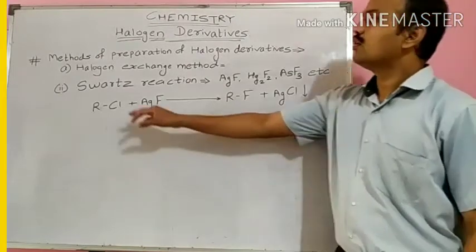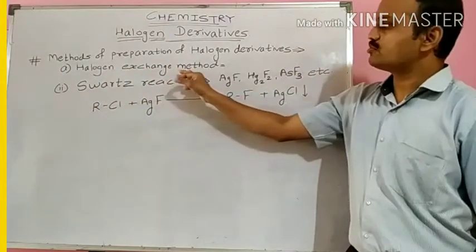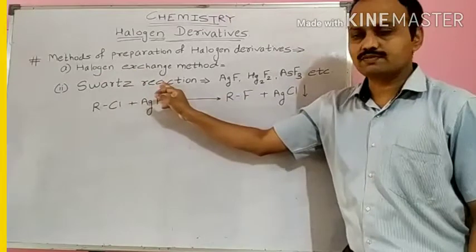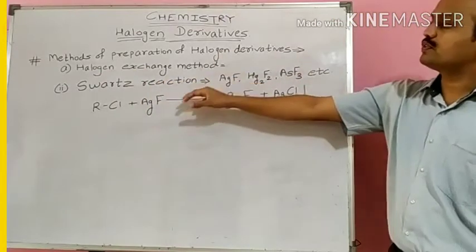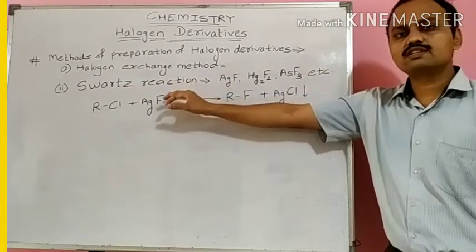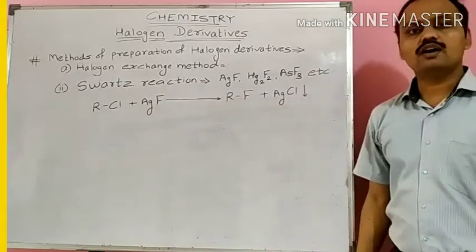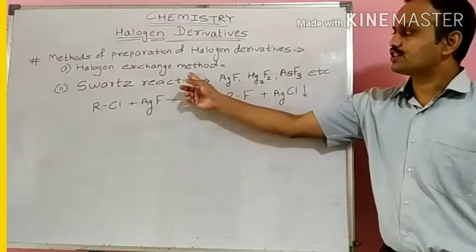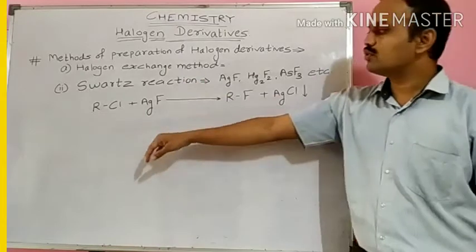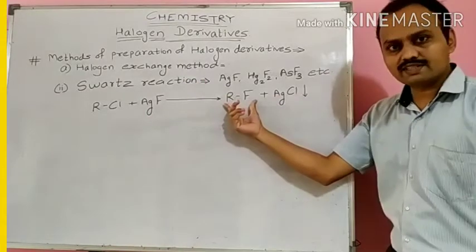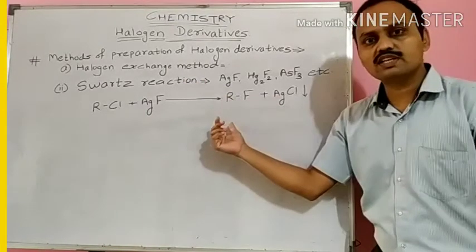The second method of halogen exchange is the Schwarz reaction. The previous method was the Finkelstein reaction. In that reaction, we obtained alkyl iodide with the help of the halogen exchange method. In this reaction, we will obtain alkyl fluorides. What is the statement for this reaction?